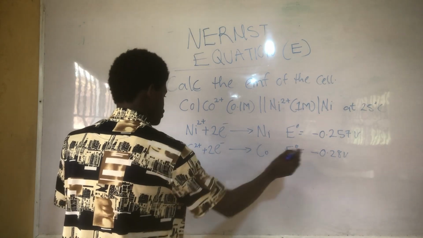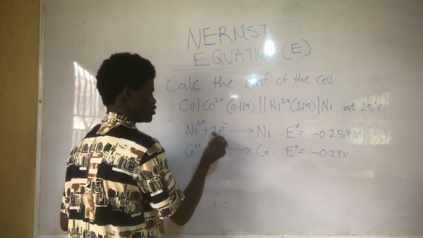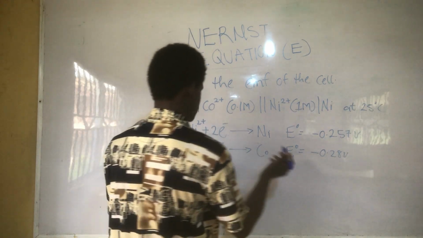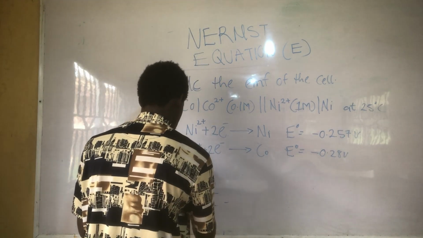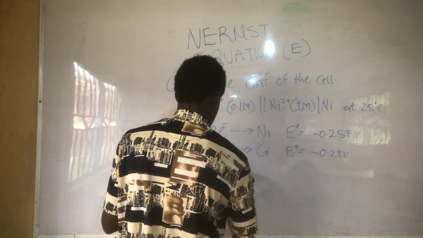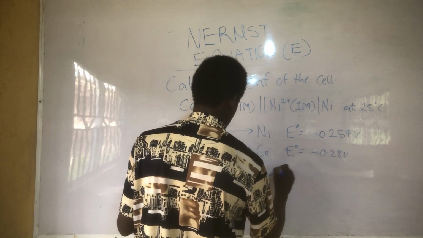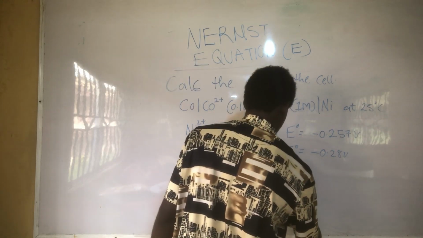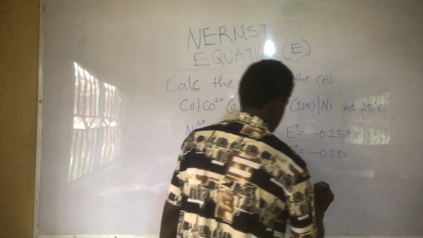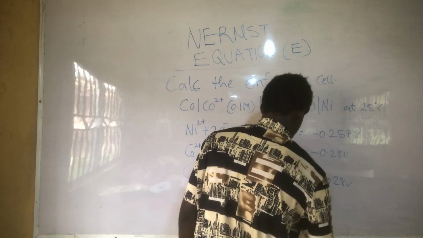When we restructure this, we don't need to touch the electrons because they are the same. That will be Co giving Co2+ plus 2e minus. Our electrode potential is going to change in sign, so that will be plus 0.28 volts.